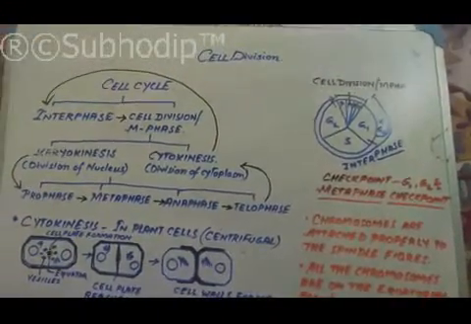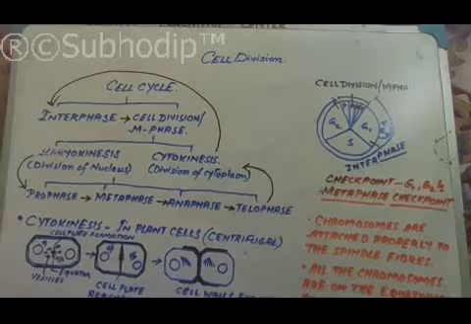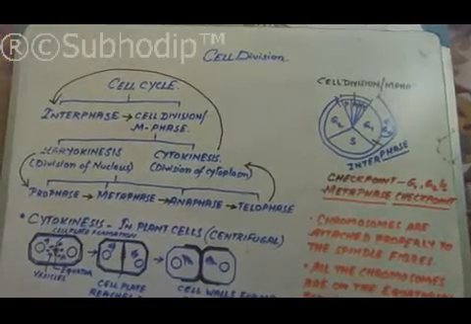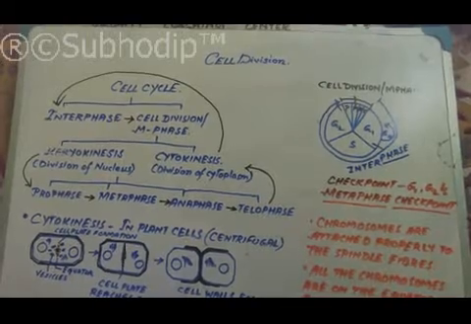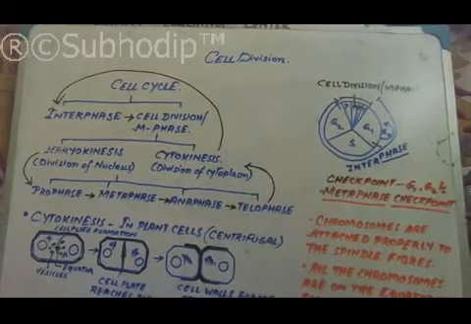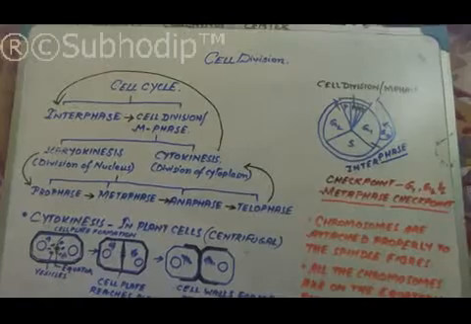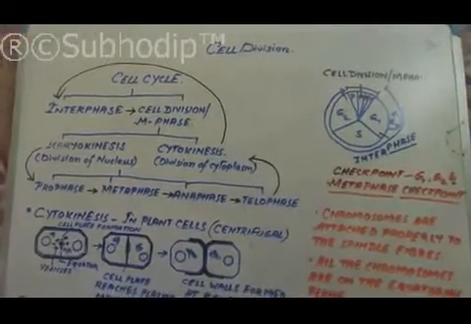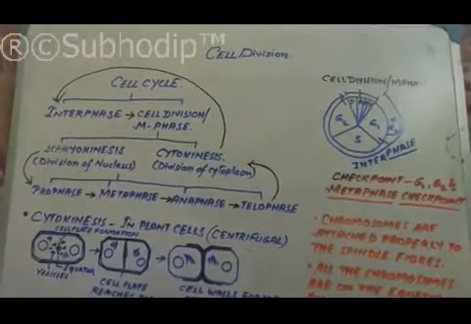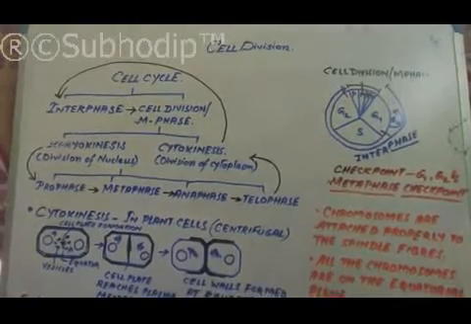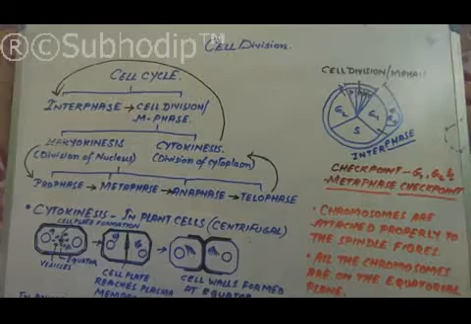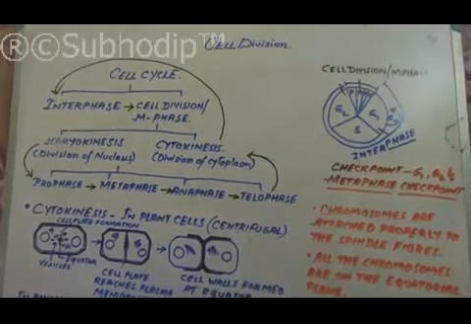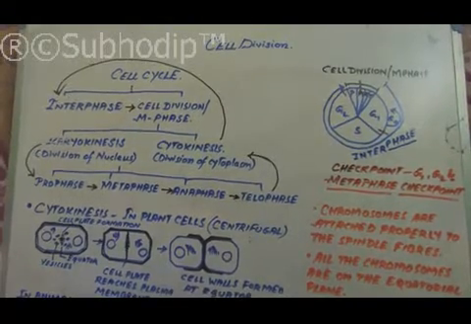Anaphase is the shortest phase of mitosis, during which the centromeres and the daughter chromosomes separate and begin to move towards the opposite poles of the cell. Telophase is the last stage of mitosis, during which the chromosomes uncoil and become surrounded by the nuclear envelope.